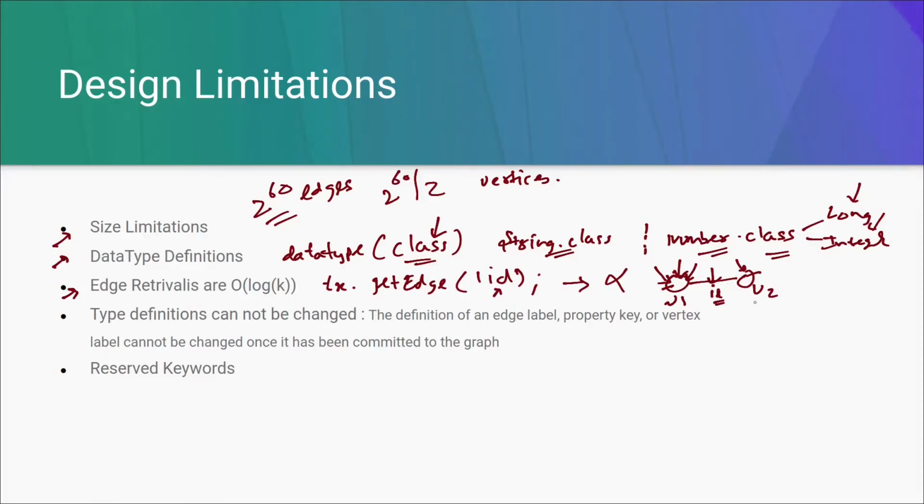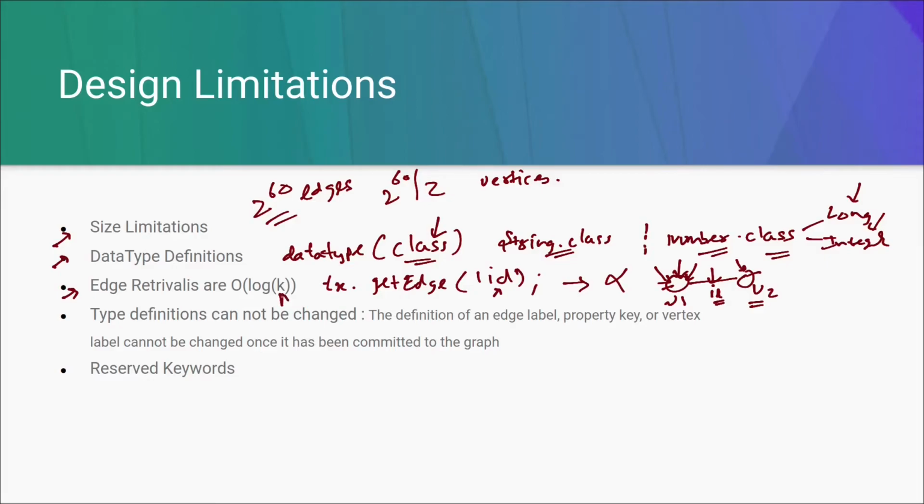In this case, we have the V2 vertex with only one incident edge apart from this particular edge. And why will JanusGraph do this? It's because the time of retrieval depends on the number of incident edges. As the number of incident edges increases, the time will also increase.